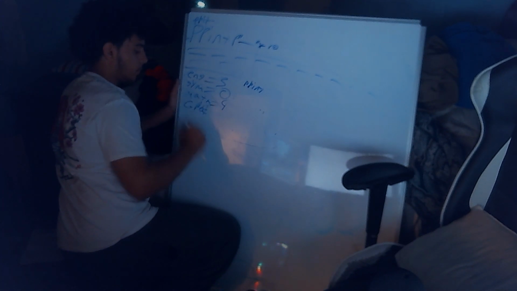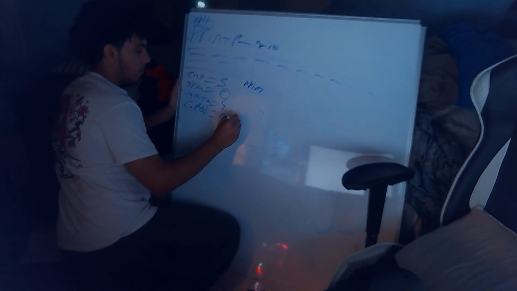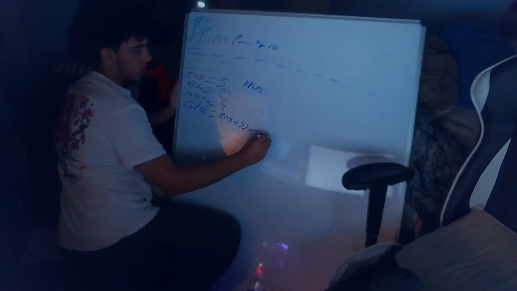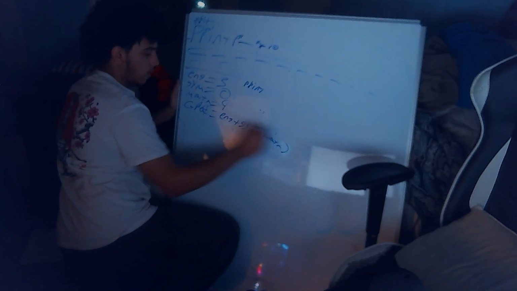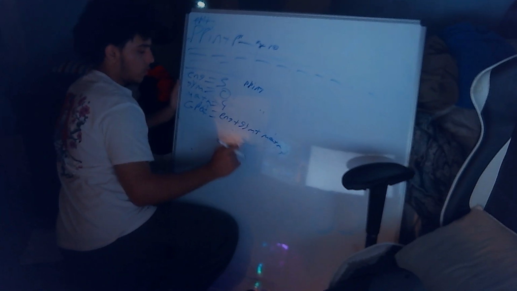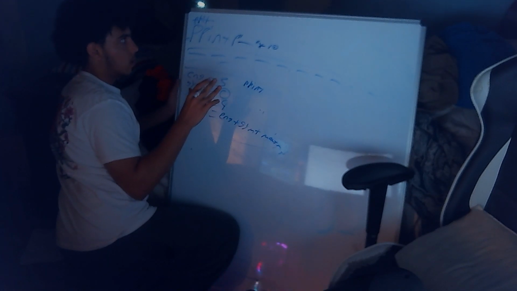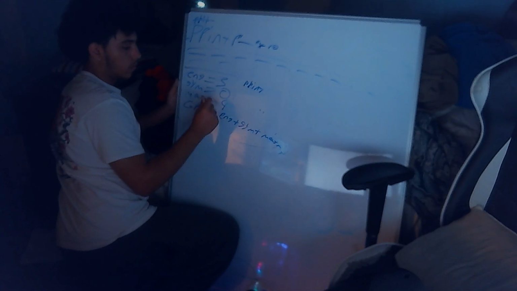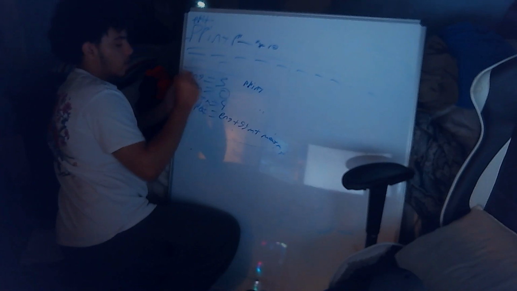GPA equals ENG plus gym plus math. Again, the reason I don't put quotes here is because they're variables and not strings, or not actual numbers. They're not things I need to put quotes for, because they're a variable.